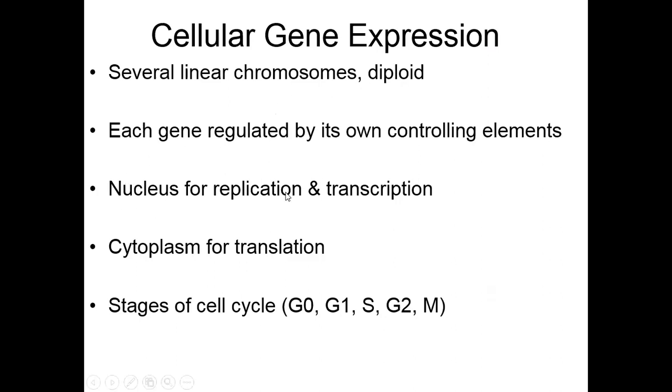Nucleus is the site of replication and transcription of the messenger RNA. The messenger RNA exits the nucleus through nuclear pores and gets into the cytoplasm, where, with the aid of ribosomes, small and large subunits of ribosome, the process of translation or protein production will happen.